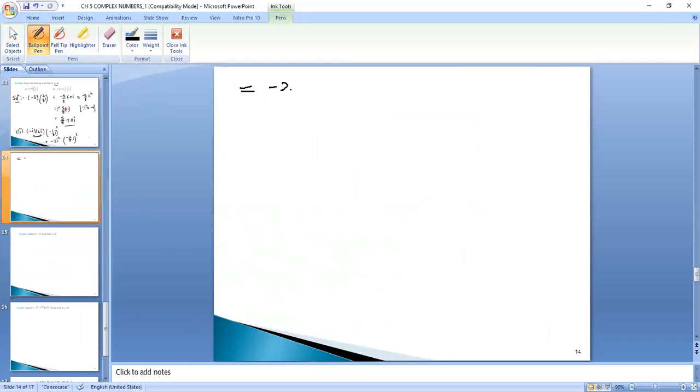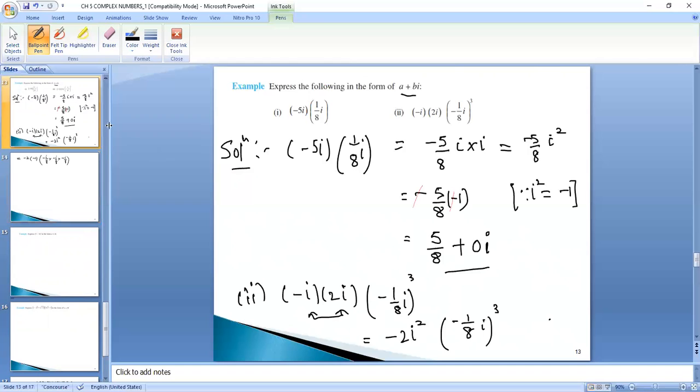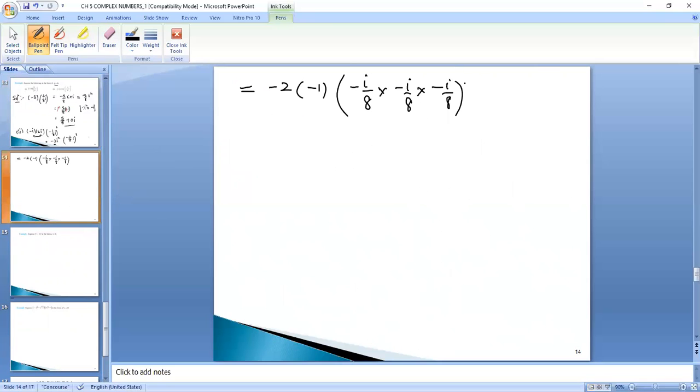So it is minus 2 iota square, minus iota by 8 into minus iota by 8 into minus iota by 8. Minus 2, as it is, the value of iota square is minus 1. Minus 1 by 8 iota means minus iota by 8 power 3, right? And here we have to mention, because the value of iota square is minus 1.